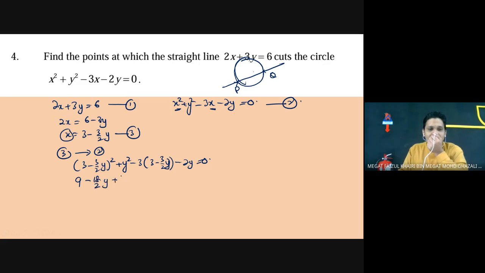Plus 3 squared is 9, 2 squared is 4, y squared. Plus y squared. Negative 3 times 3, negative 9, negative 3 times negative, positive 9 over 2y minus 2y equal to 0. Okay. 9 over 4y squared plus y squared.